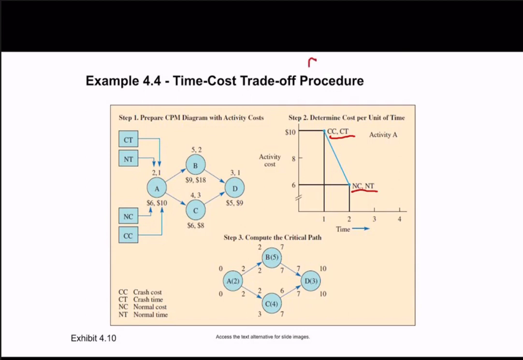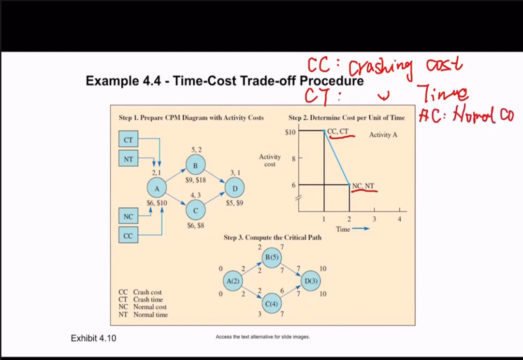The CC stands for the crashing cost. The CT stands for the crashing time. And the NC stands for normal cost. And the NT stands for normal time. So this is what we use these 4 numbers for.